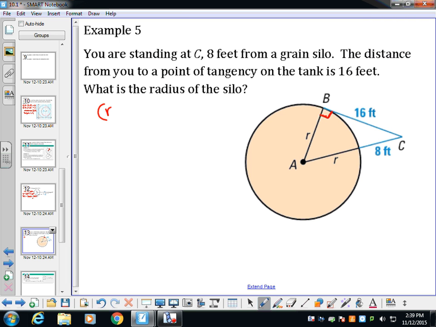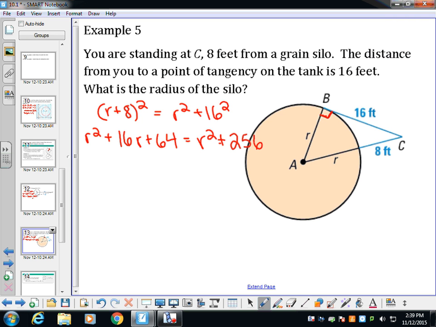So I know r plus 8 squared plus r squared equals r squared plus 16 squared. Foil this side out, I get r squared plus 16r plus 64 equals r squared plus 256.